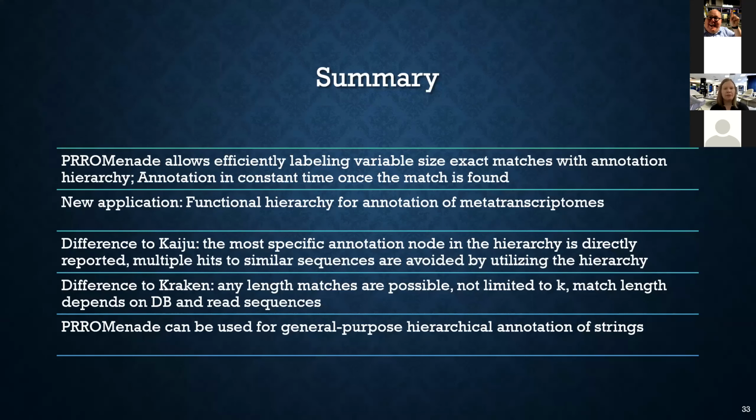The difference to the well-known method Kaiju is that we directly report the lowest possible annotation node in the hierarchy, ignoring all the reporting of the multiple hits. And the difference to Kraken is that we look at any length sequence matches, so no need to fix the K in advance. This can also be used for general purpose hierarchical annotation of strings for other applications as well.